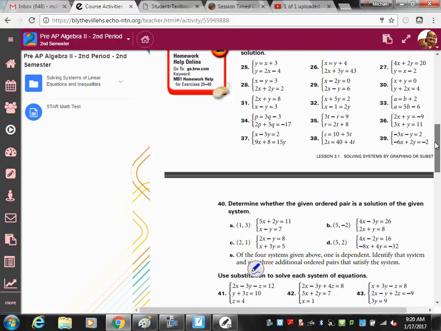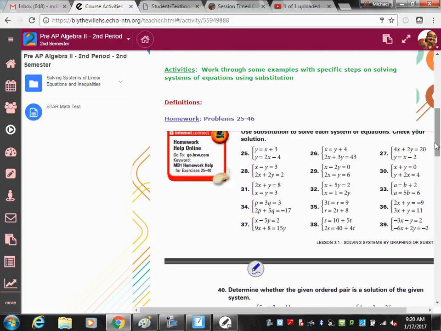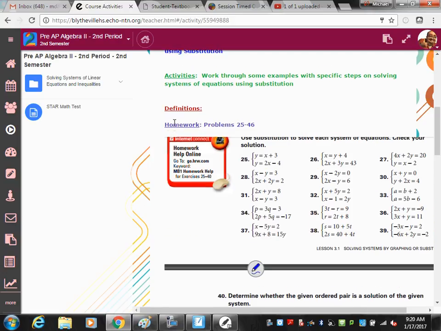Okay. Hey y'all, here's what it says. Your assignment is problems 25 through 46 that are on this page. Okay, so that's quite a few. Here's what we will adjust a little bit.